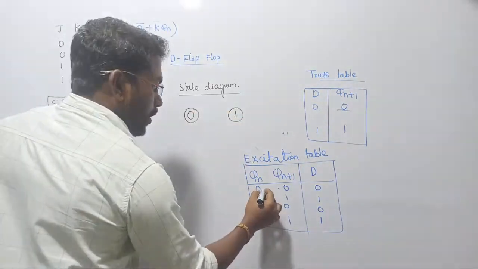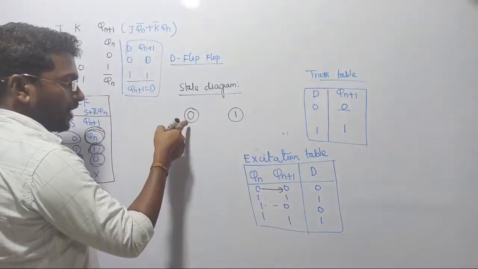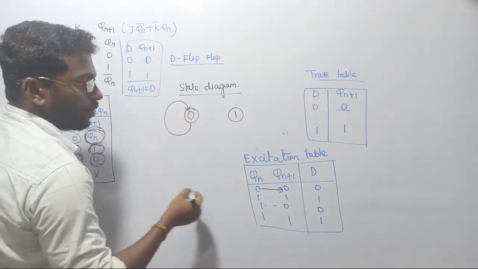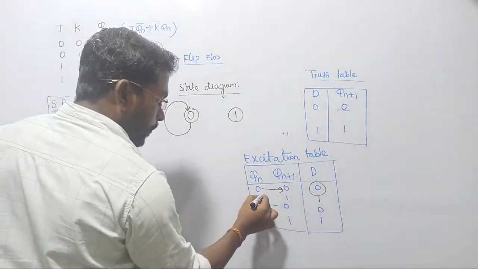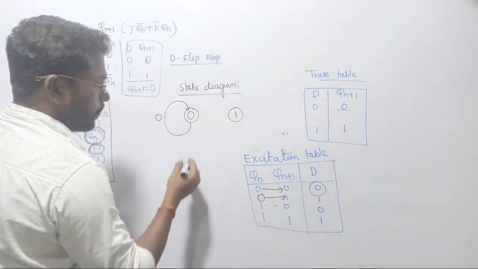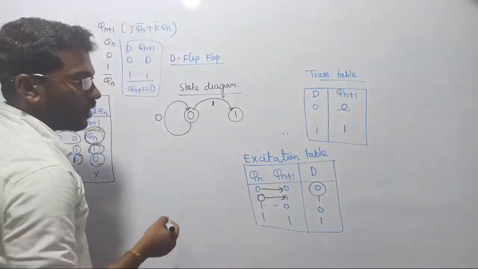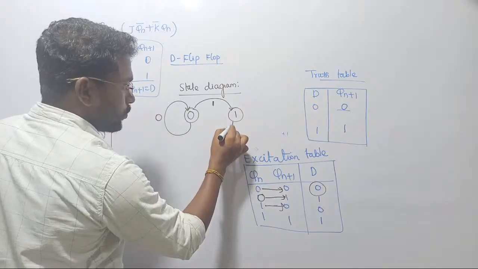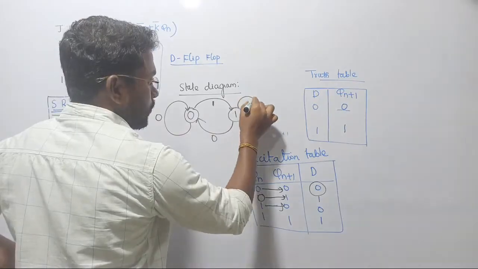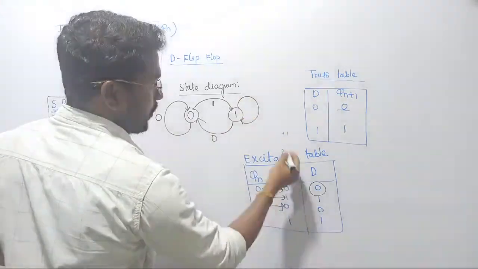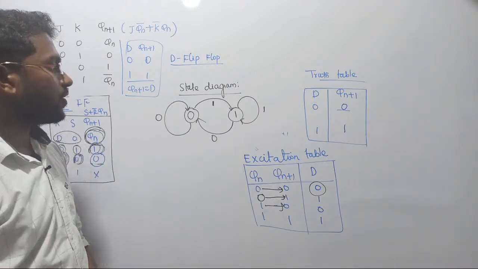Let's see. Present output is 0, past output is 0. Present output also will become 0 when the input of the D flip-flop is 0. Now past is 0, present will become 1, its corresponding input of the D flip-flop is going to be 1. Now past is 1, present will become 0, corresponding input of the flip-flop is going to be 0. Past is 1, present also 1, its corresponding input of the flip-flop is 1. Clear? So that is how we are designing the state diagram of the D flip-flop.